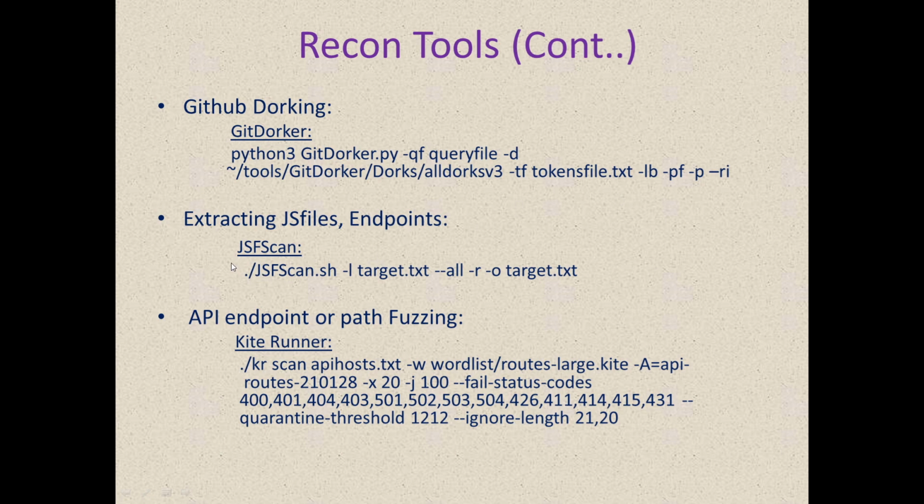Next, if you have any API endpoints or API-related subdomains, Kiterunner is a very good tool which you can go for. You can also do some path fuzzing. The good thing about Kiterunner is it will not go to one single path. It will have some predefined paths defined in routes-large.kite, which you can download from the Assetnote website.